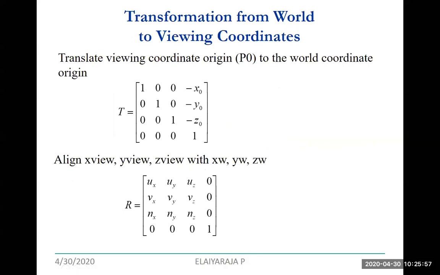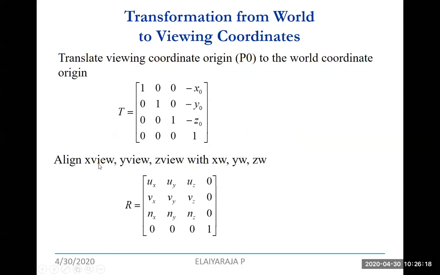Translate the viewing coordinate origin, given your coordinate origin value x0, y0 and z0, to the world coordinate origin, where you write the translation matrix, and align the rotation matrix with the respective x view.